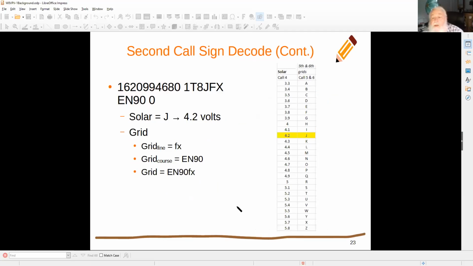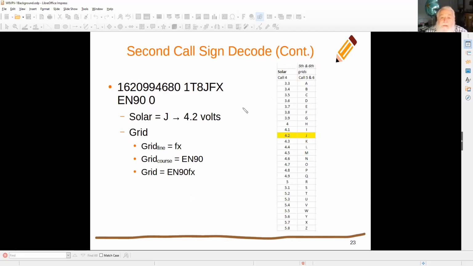The next thing that you have here is the J, okay, and the J corresponds to what Bill Brown calls the solar reading here. And what this really means is the microcontroller sees 4.2 volts, okay, and so you can tell what its health is and how much sun it's getting at that particular point.